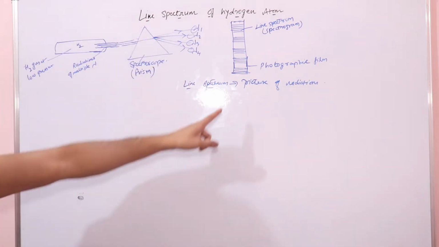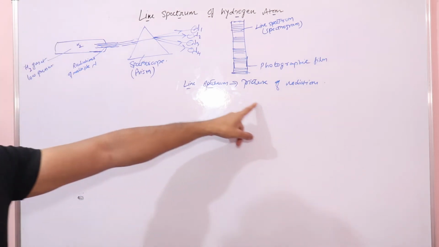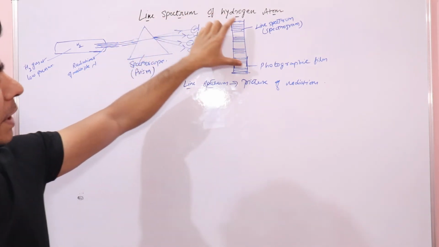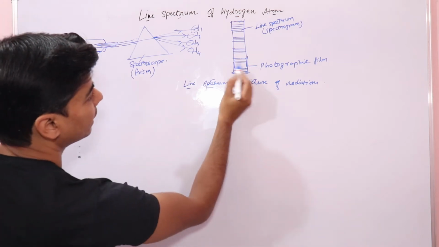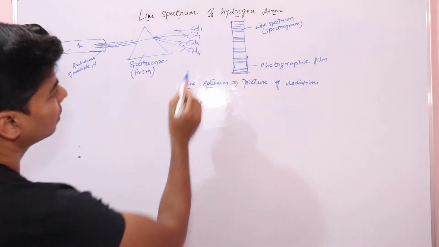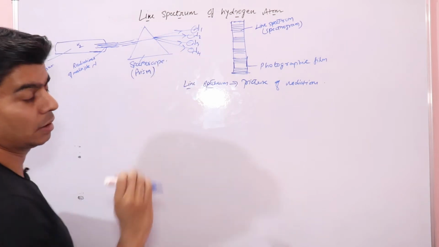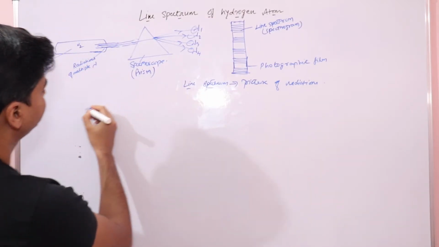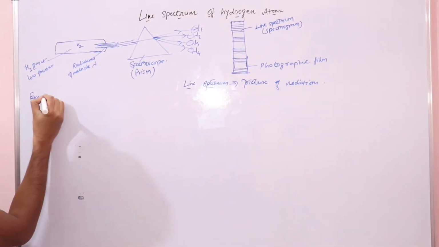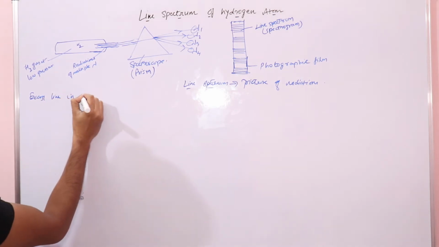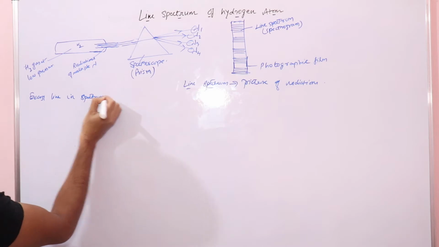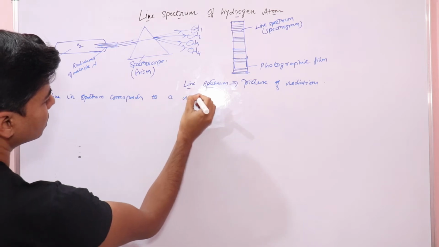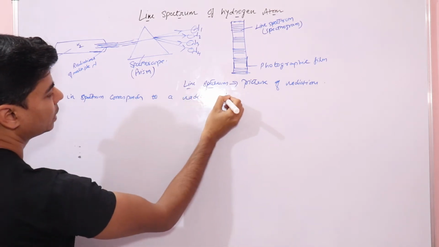These radiations coming out of this prism or spectroscope, when you obtain them on a photographic film, you will obtain these lines. And every line in the spectrum corresponds to a radiation of a particular wavelength.